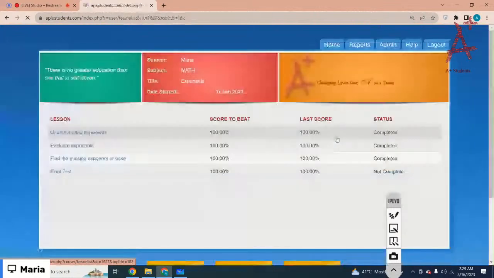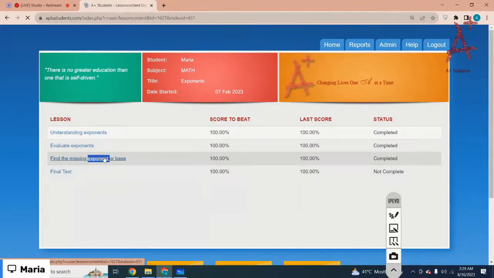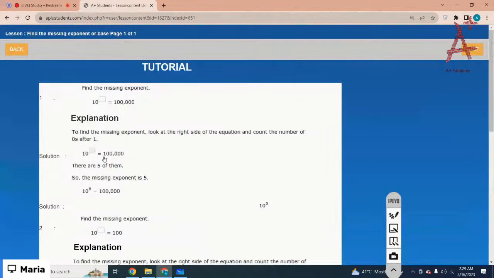Okay, the next lesson is find the missing exponent or base. What do you have to do if the exponent or base is missing? Okay, find the missing exponent.